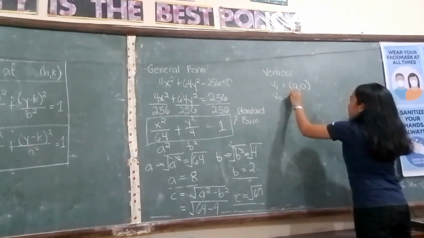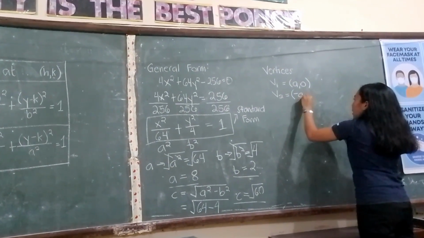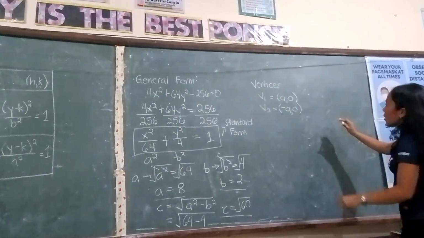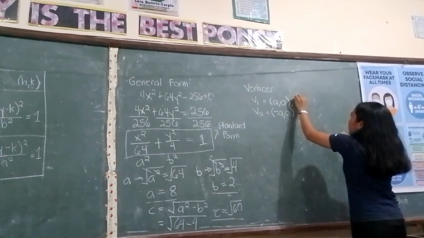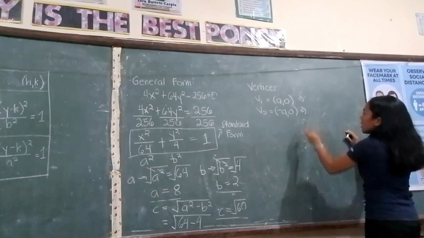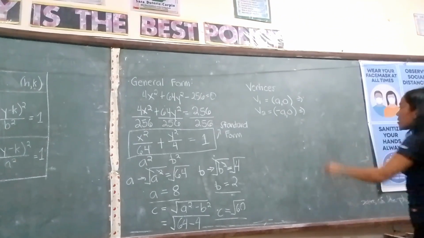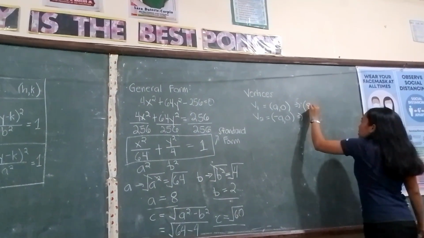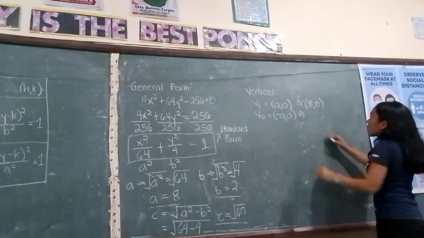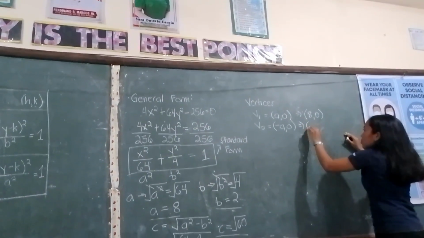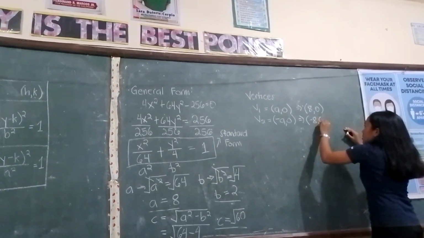And then we also have negative a and 0. So for V sub 1, where a is 8, we have the coordinate 8 and 0. And for V sub 2 it is negative 8 and 0.